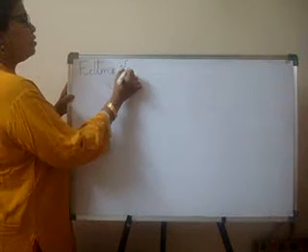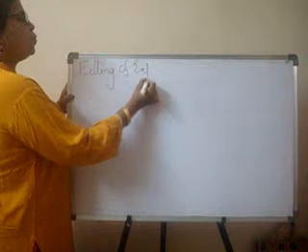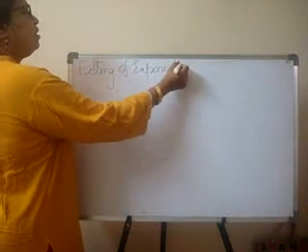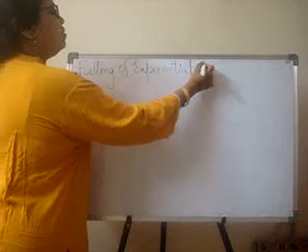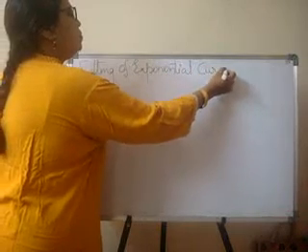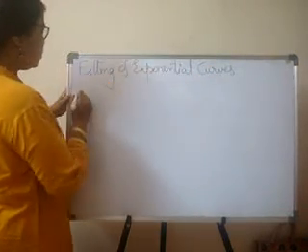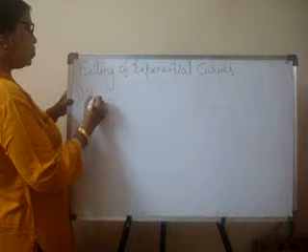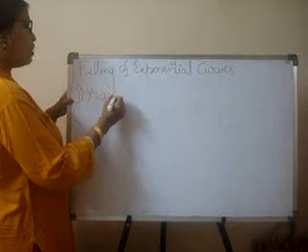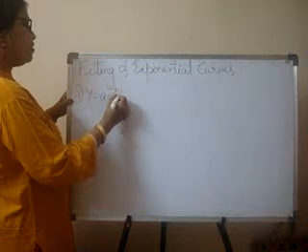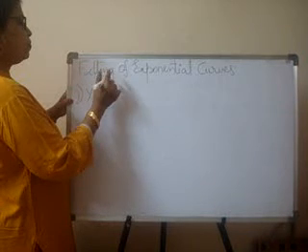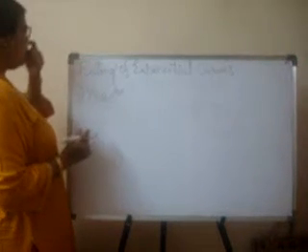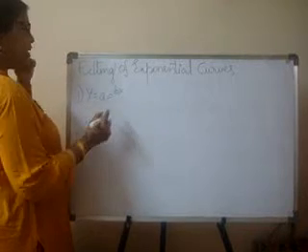Fitting of exponential curves. So the first one is of type y equals a e power bx.